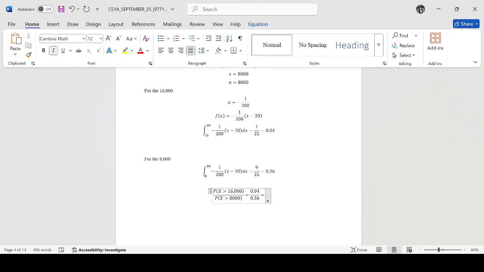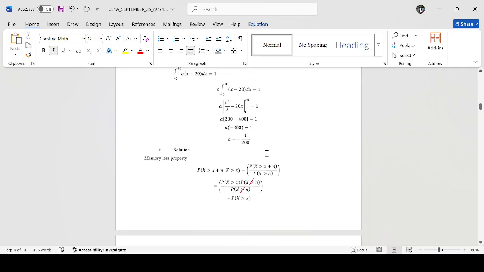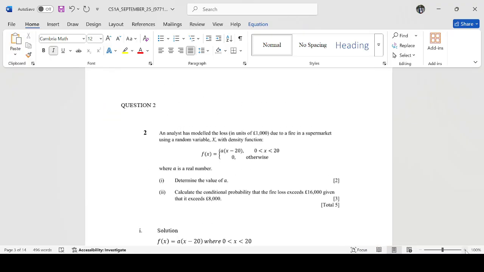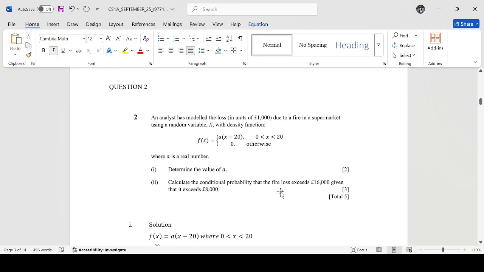Let me divide. I'm getting 0.1111. So that will be your conditional probability that the fire loss exceeds 16,000, given that it exceeds 8,000.